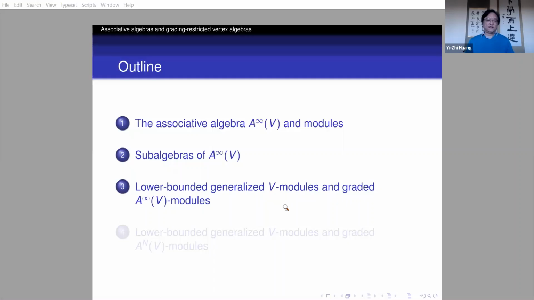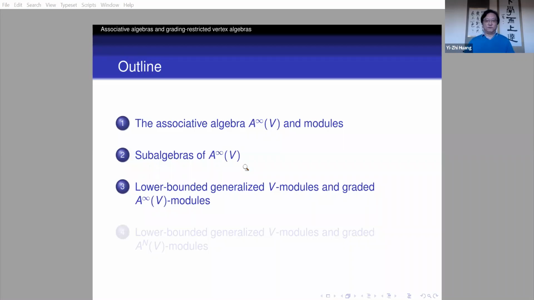Then I want to discuss some results. These are just the beginning of the whole program. There are some basic results, and in the future I hope to have much more. But at least I got these basic results, which show that the algebra should be the correct one for the A infinity.